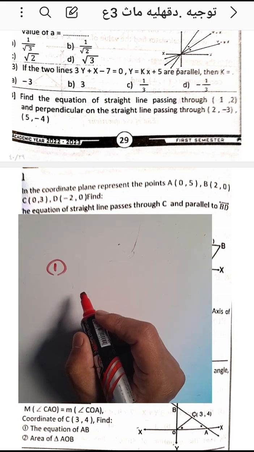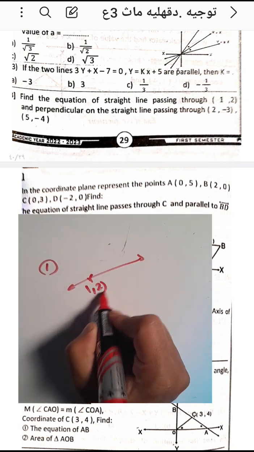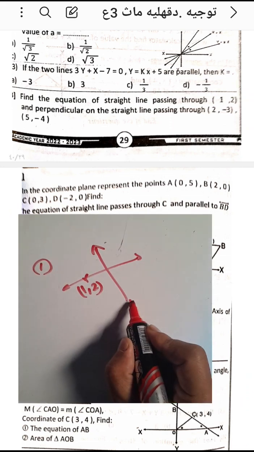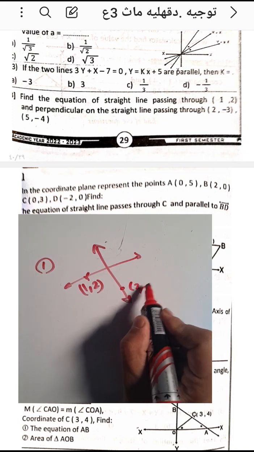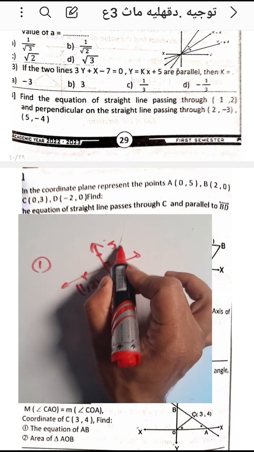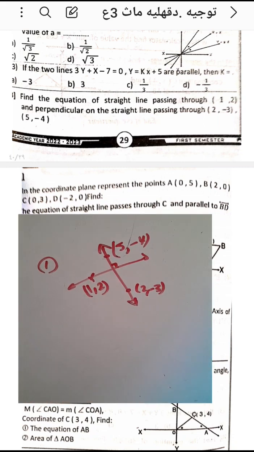Question number 1. Find the equation of the straight line passing through the point 1 and 2 and perpendicular to the straight line passing through 2 and negative 3 and the point 5 and negative 4. Okay, we want to find the equation of this straight line.